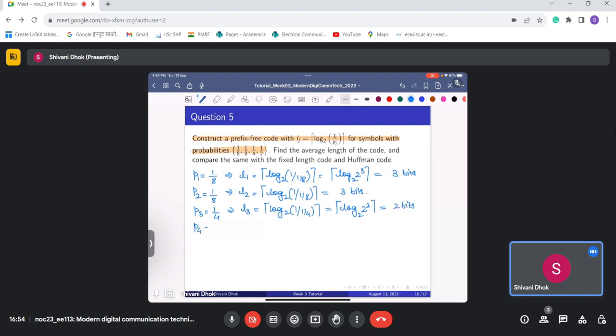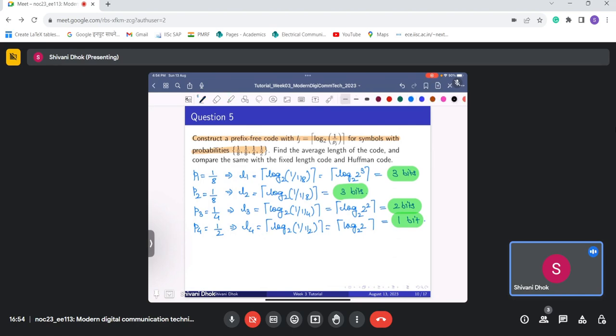And P4 is 1 by 2, which implies that L4 is the ceiling of log to the base 2 of 1 divided by 1 by 2, which is the ceiling of log 2 to the base 2, which is simply 1 bit. So what we have is 3 bits, 3 bits, 2 bits and 1 bit. These are the lengths that we have here.